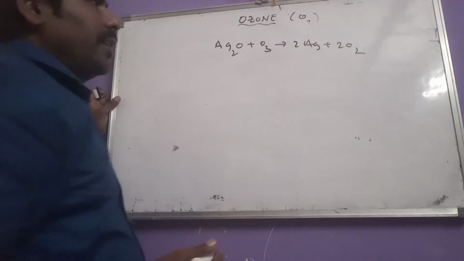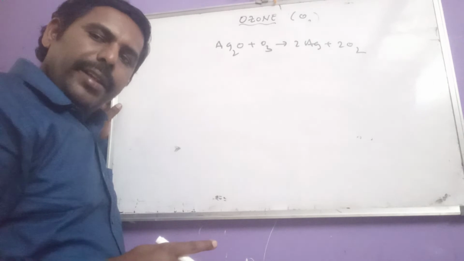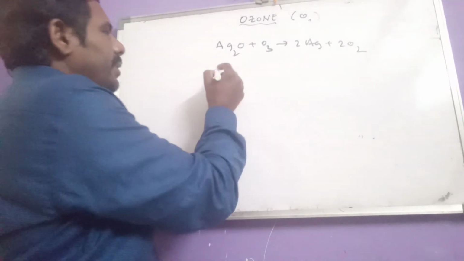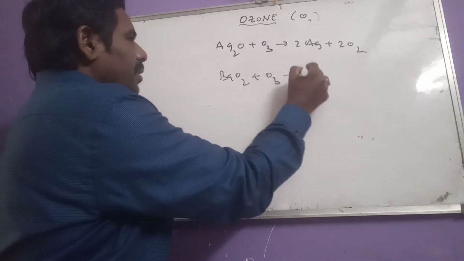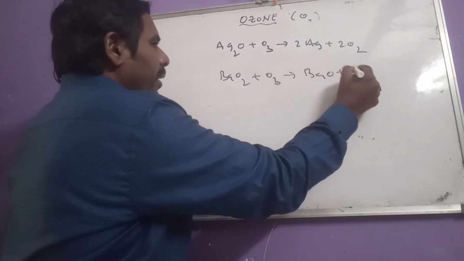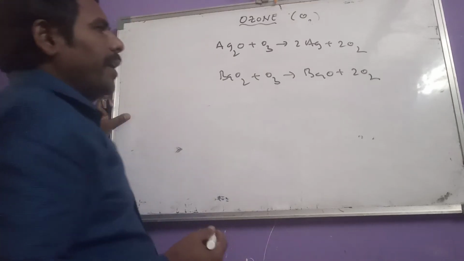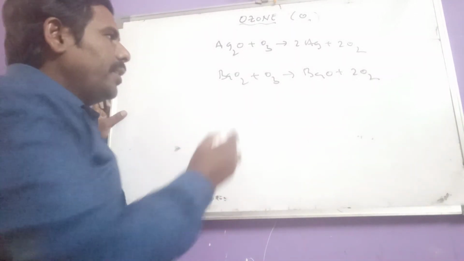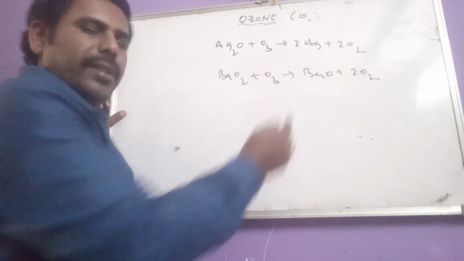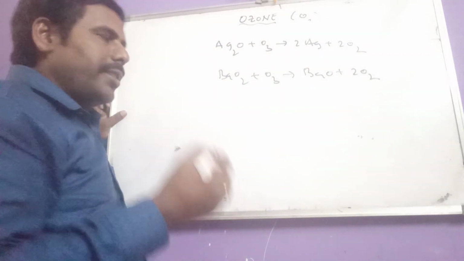So this is one of the reducing properties of ozone. And the second one, barium peroxide is reduced to barium oxide. Barium peroxide is reduced to, not oxidized. Barium peroxide is reduced to barium oxide.